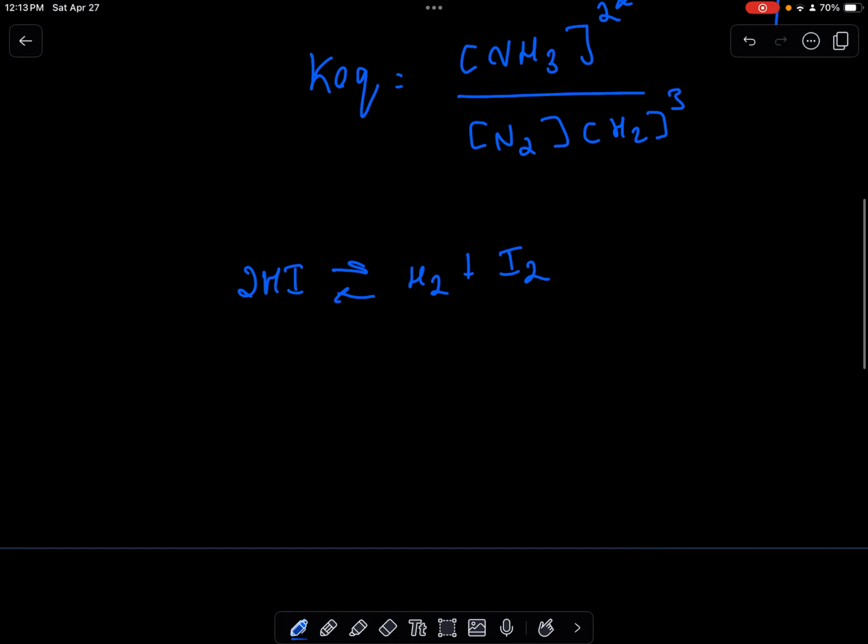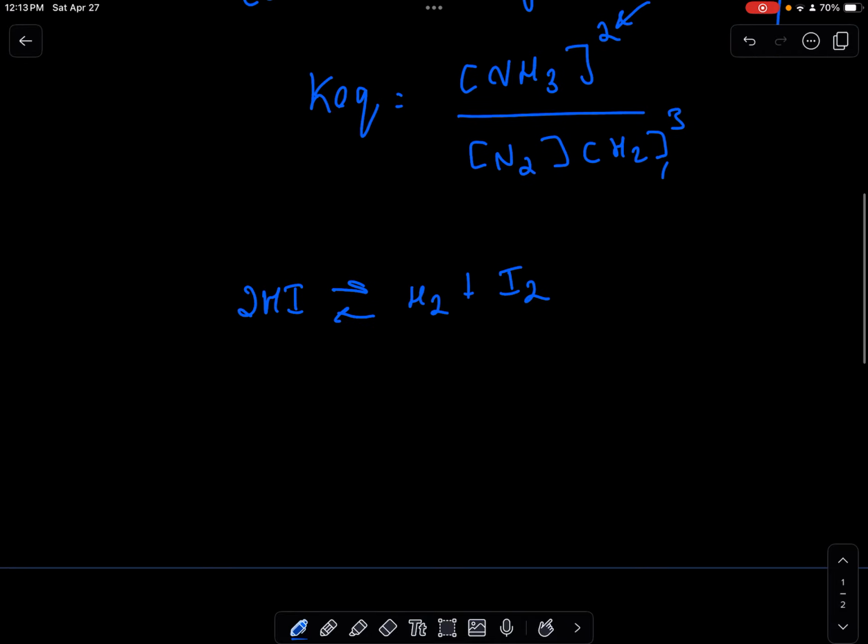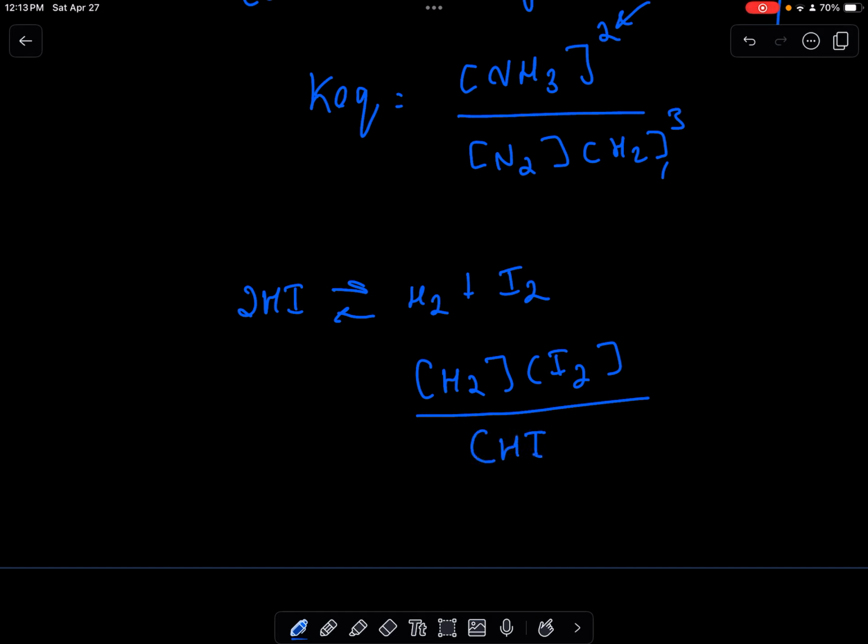Now, can you write the equilibrium constant for this reaction based on the example we just did? Pause the video and have a go. So it's products over reactants, and each product has a coefficient of 1. The reactant has a coefficient of 2, so this would be our equilibrium constant.